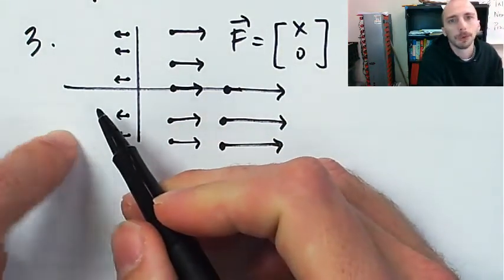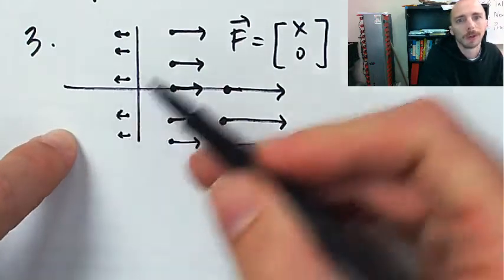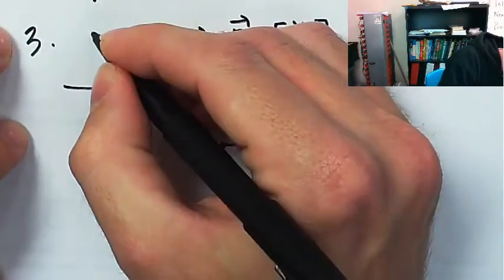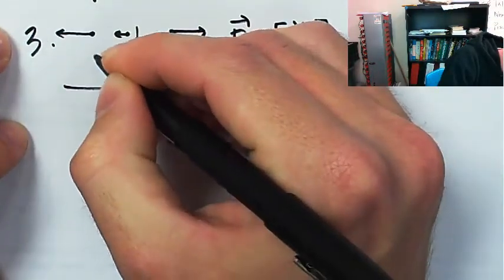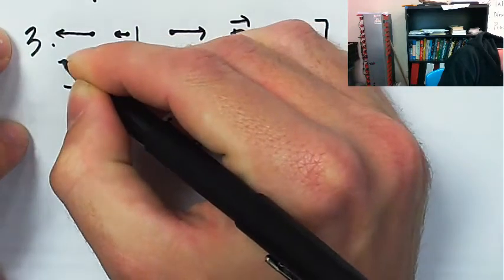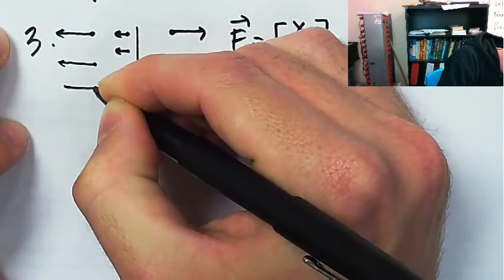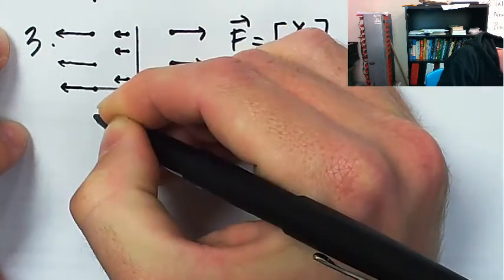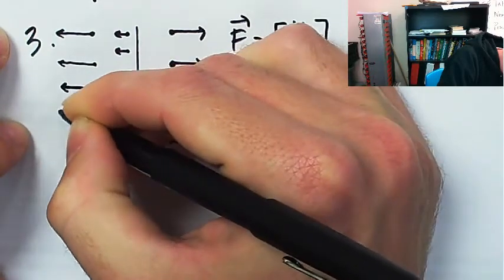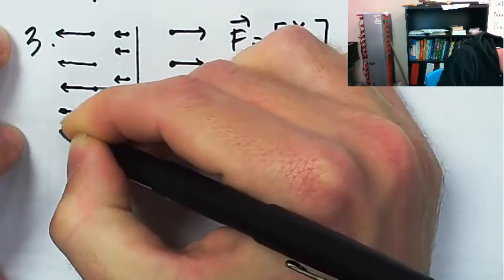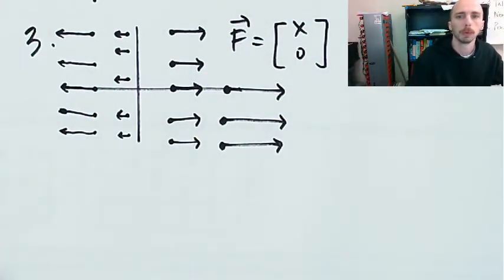Over here where x is more negative, it would be longer and also pointing in that direction. So maybe something like this. Alright, those weren't the best arrows.